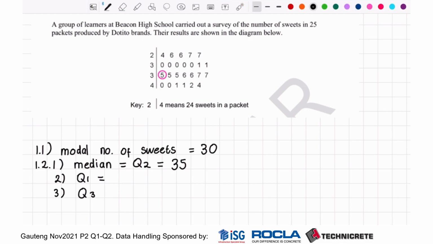So starting with my lower quartile, I'm going to be finding the halfway in between these two numbers. So halfway in between 30 and 30 is 30.